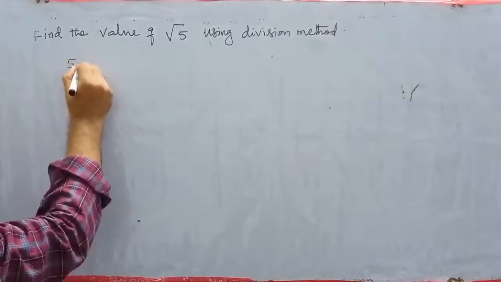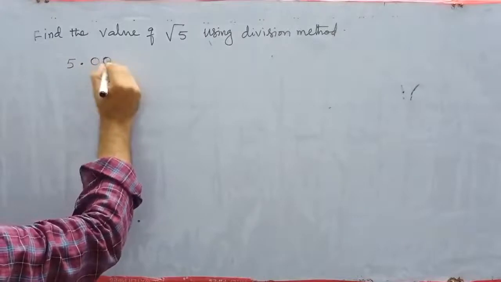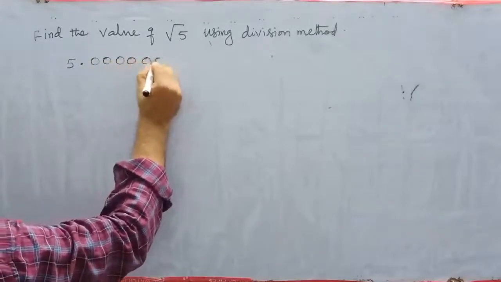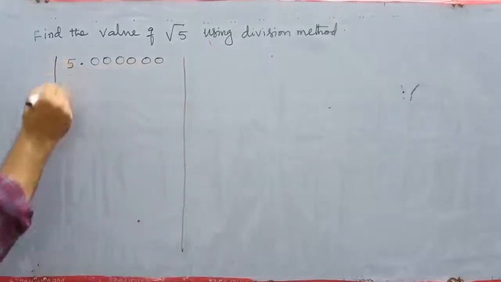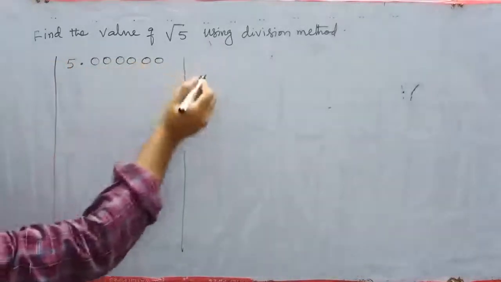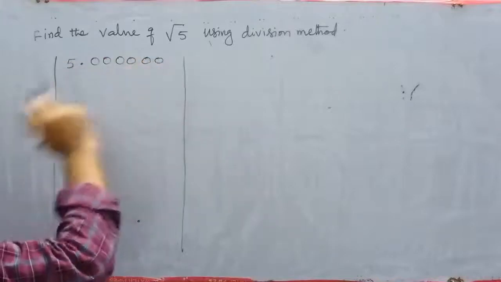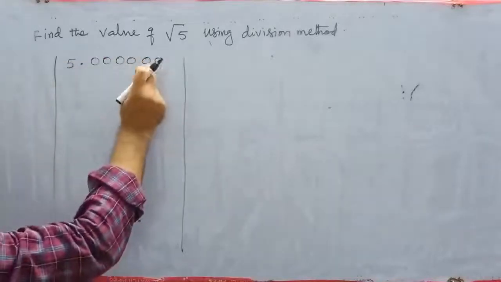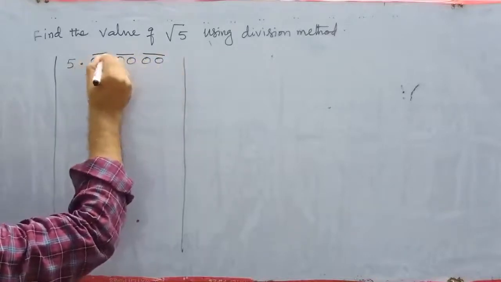After that take the point. Next you take the digits, an even number of digits. I am taking 6 zeros, and from the right side onwards we have to take a bar for 2 zeros. Okay, so 2 zeros as one group.